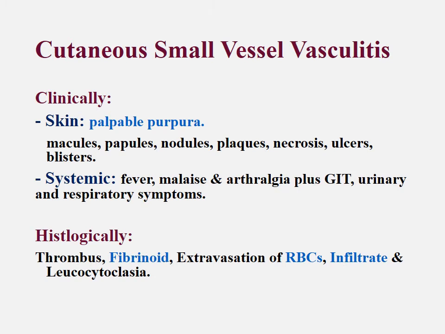It's destruction of the white blood cells in this area, with karyorrhexis, meaning breakdown of the nuclei, leading to the presence of nuclear dust. I love this word, nuclear dust. So the nucleus here is broken down from the damaged, overworked white blood cell, and we see the nucleus as dust.